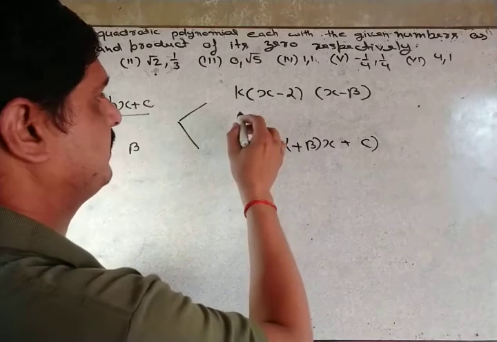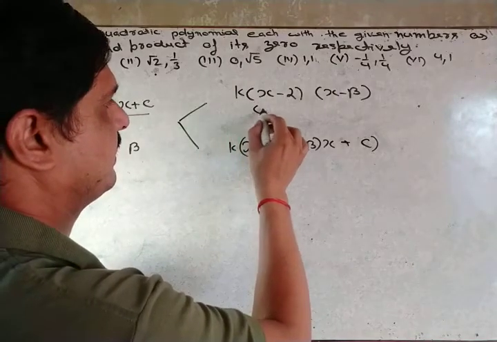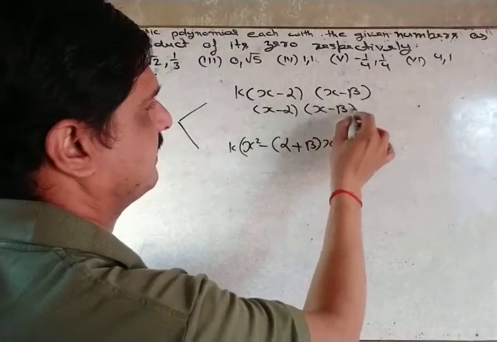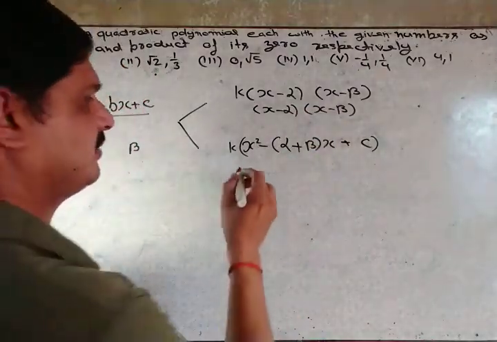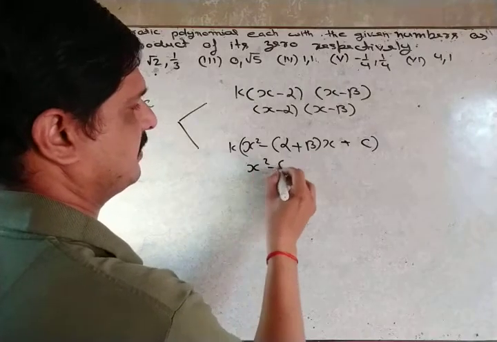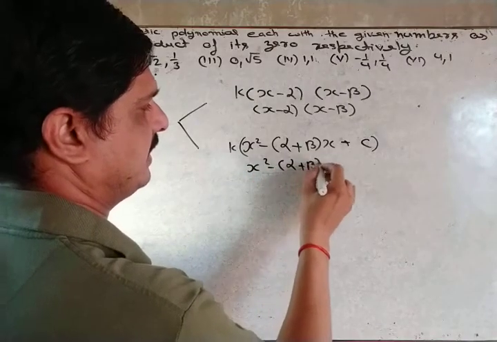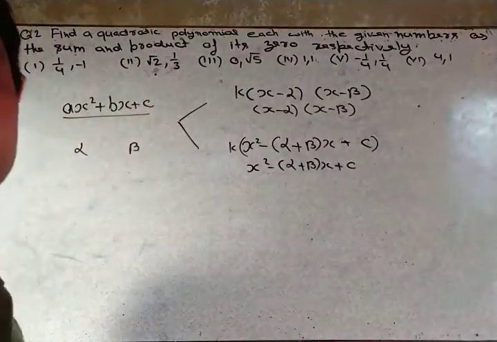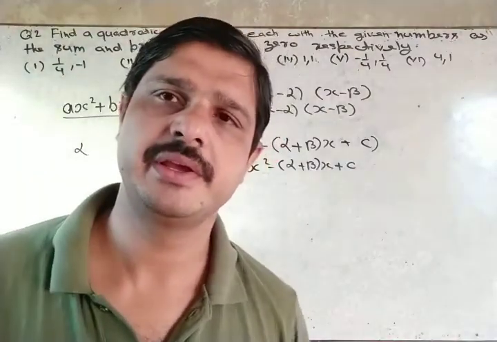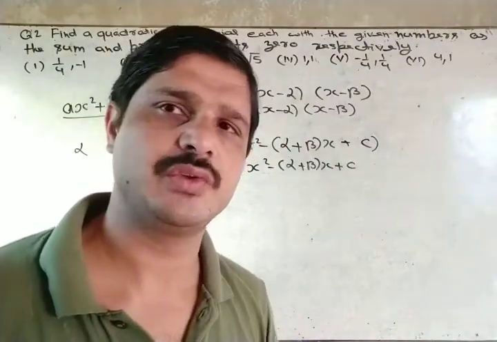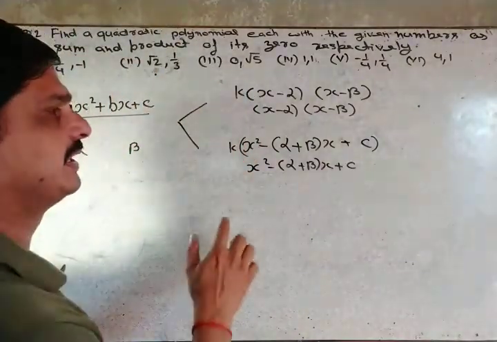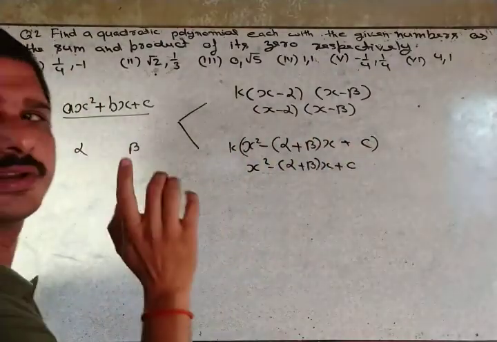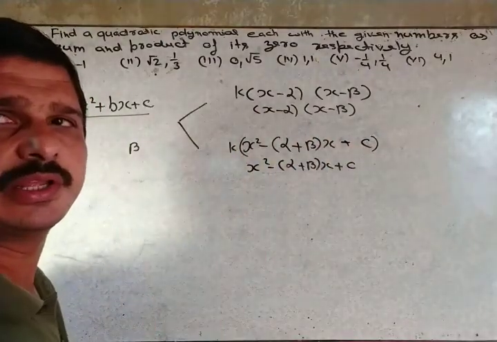So if k is 1, we can write x minus alpha, and it is a simpler case. It is a simpler case because in most cases you will get the value of a as 1 at your level, but when you go for competition you will be given different cases. That's why don't take these as the same. When k is 1, you can put k accordingly.